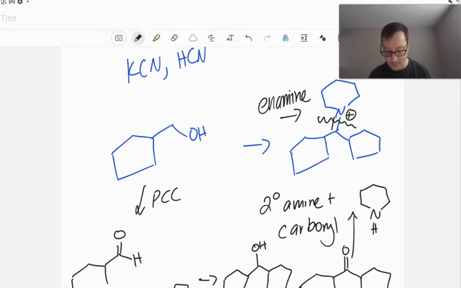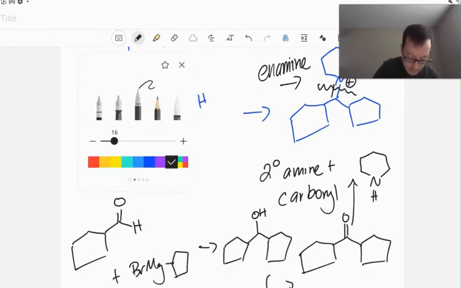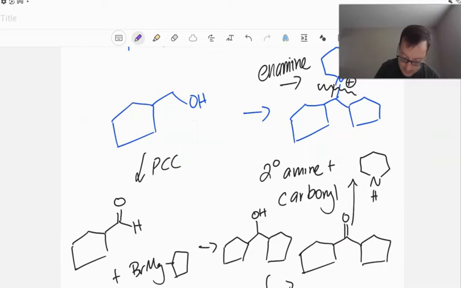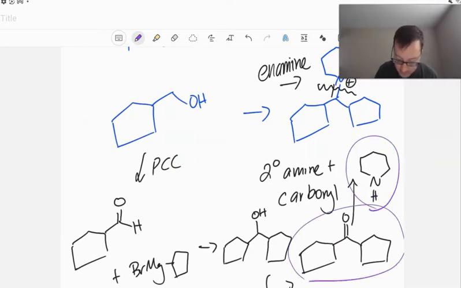Ta-da! Enamine. This is a secondary amine, right? This is a carbonyl compound. You'd add the amine and some acid. So yeah.